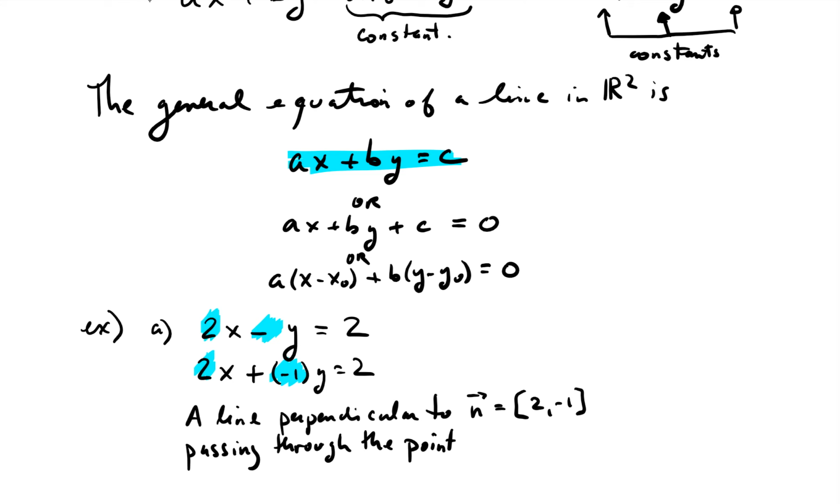Now, this equation that I have gives me all possible couples x, y that define points that are part of the line. So if I assign a value to x, for example, let's say x equals 1, and I solve the equation for y, you get 2 times 1 minus y equals 2. So it's not too hard to see that y is going to be equal to 0. I get a point that's part of the line, for example, the point 1, 0.